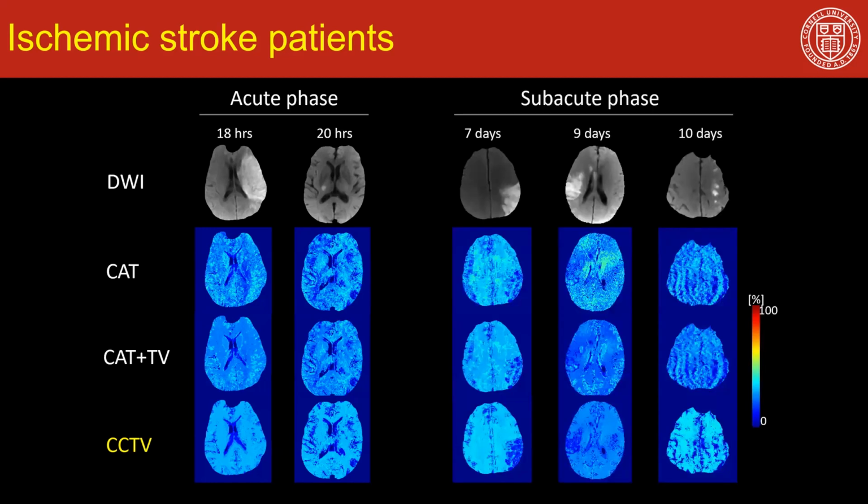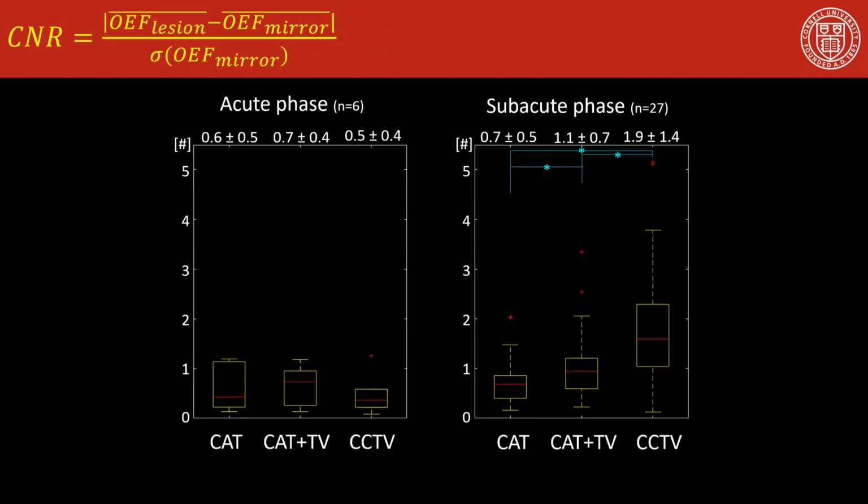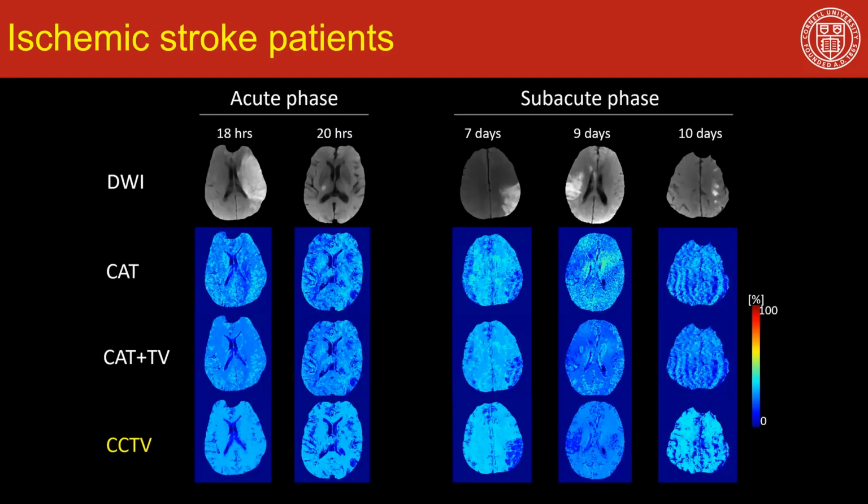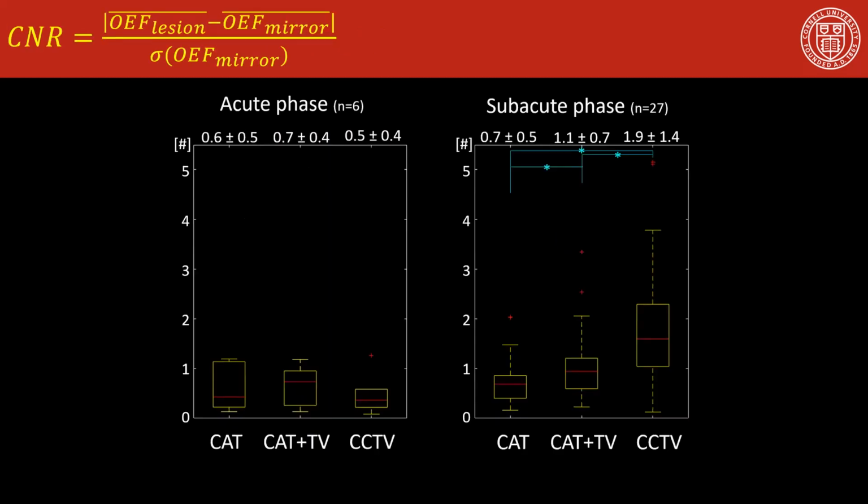In the subacute patients, CCTV shows an improved spatial overlap between low OEF regions and the DWI defined lesion, with a less noisy OEF map. For instance, in a 9 days post-onset case, the low OEF region with CCTV largely coincided with the DWI defined lesion, whereas CAT and CAT plus TV do not depict low OEF values clearly in the lesion and show noise and artifacts in OEF maps.